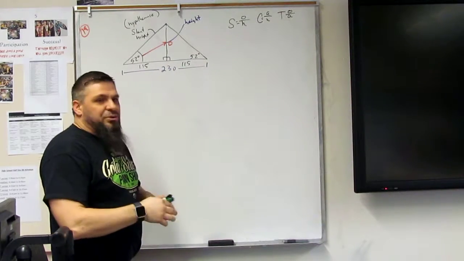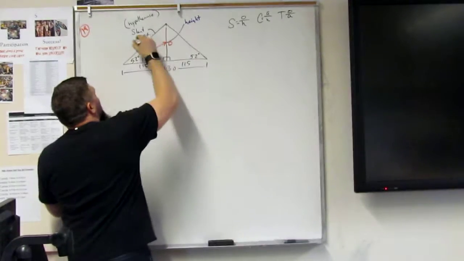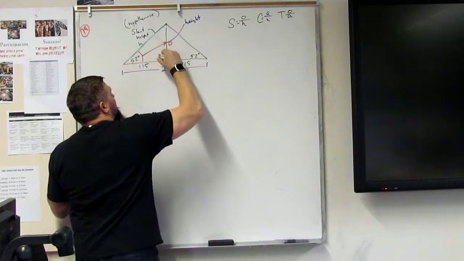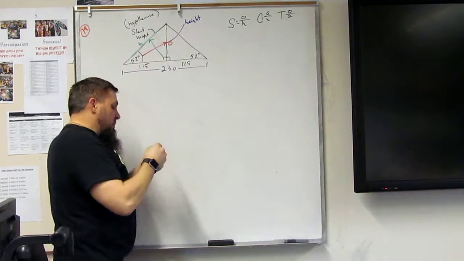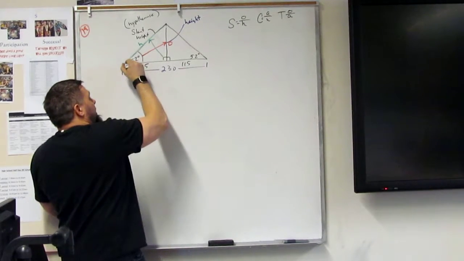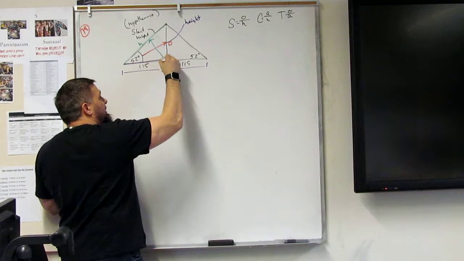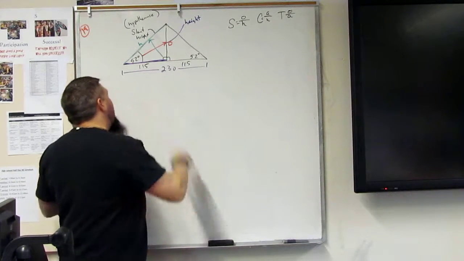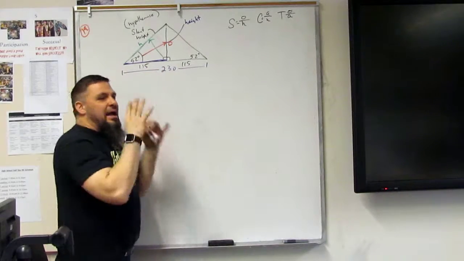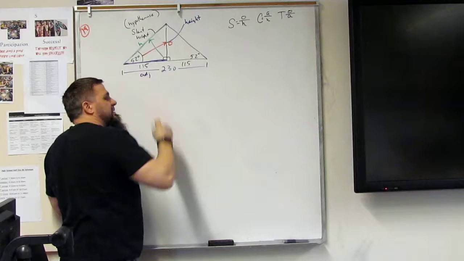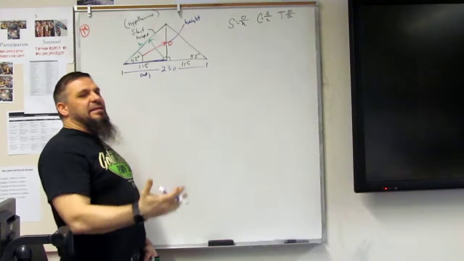And I think I used green for H, so that's the hypotenuse. The one thing I need is the purple, which thank goodness I used right here. This side right here is 115. Since I have this side, I have the adjacent side.